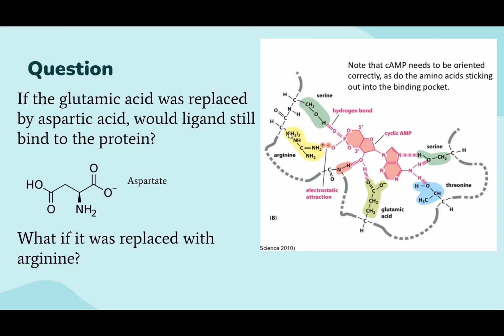And so switching the charge is probably not a good idea, especially if it's an ionic bond. If you switch the charge, it won't work. So arginine is less likely than aspartate. It probably wouldn't be able to bind if you swapped glutamic acid for arginine.